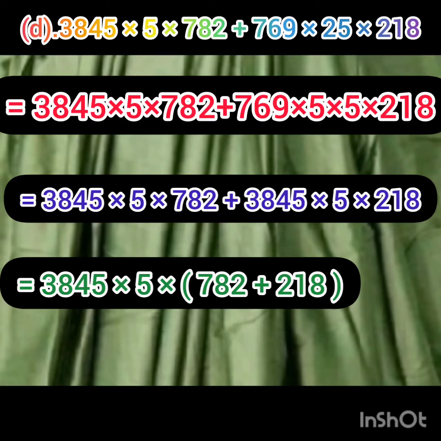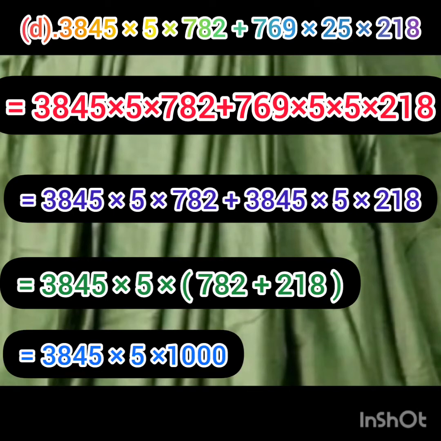Now let's take out 3,845 and 5 as common. So we will have the sum of 782 with 218, that is 1000. The product of 1000 into 5 gives the result 5000.